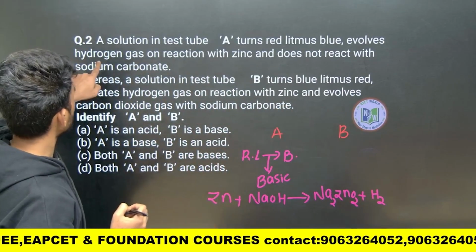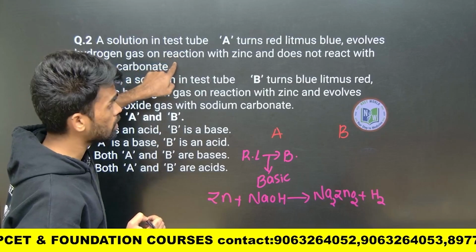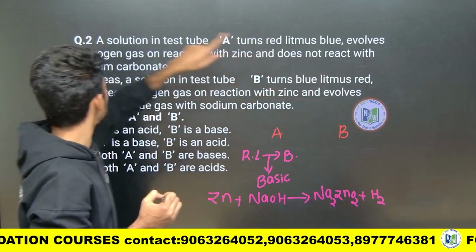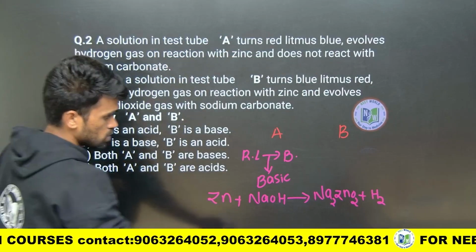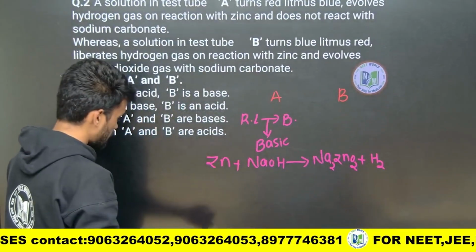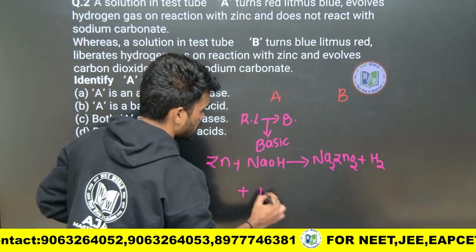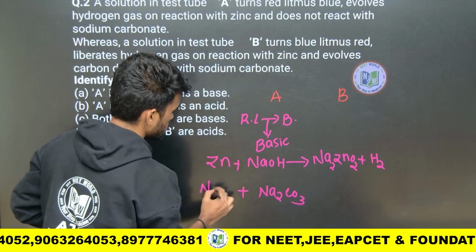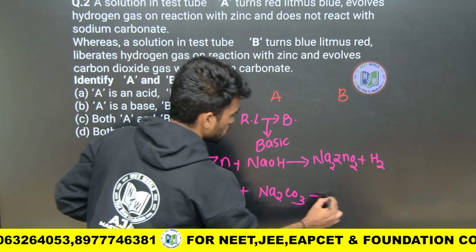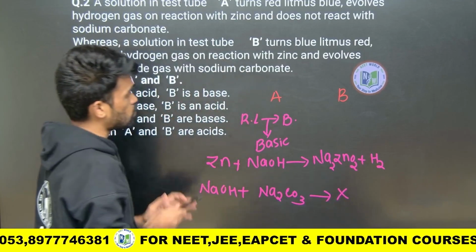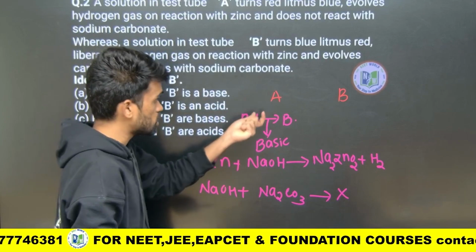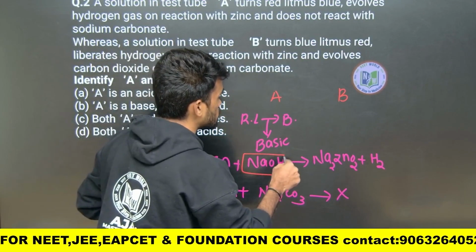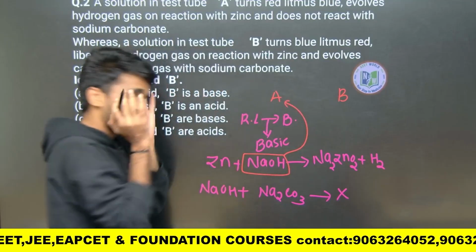Hydrogen gas is evolved on reaction with zinc and it does not react with sodium carbonate. Yes, sodium carbonate will not react with NaOH as both are basic in nature. Na2CO3 and NaOH won't react here. So what is the solution present in this test tube? That is NaOH solution, a basic solution.